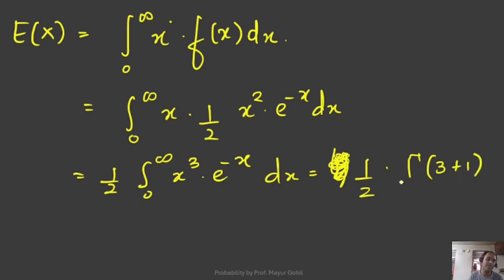And if you know that gamma of n plus 1 is n factorial, here it's gamma 4, so that's going to be 3 factorial divided by 2. 3 factorial is 6, and 6 divided by 2 is 3. That's a very good thing. You have saved yourself from solving that complicated integral, and your steps have reduced. Just a bit of new formulas you need to know.